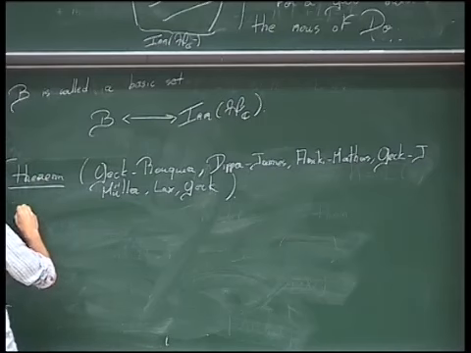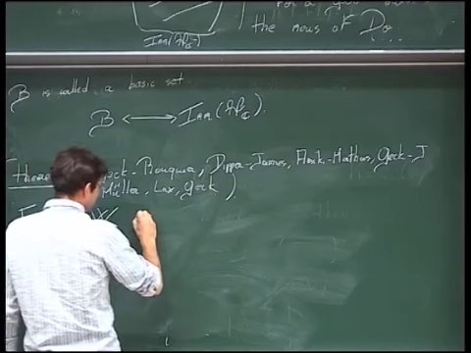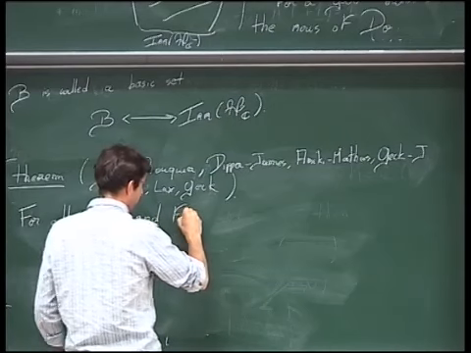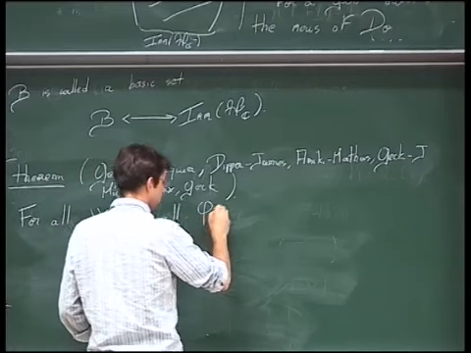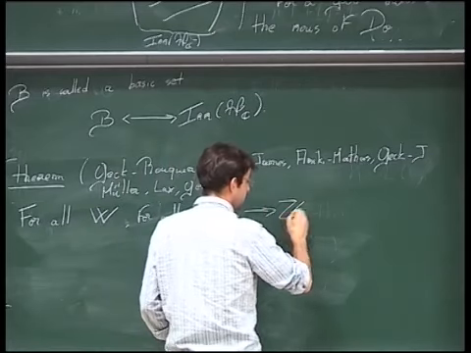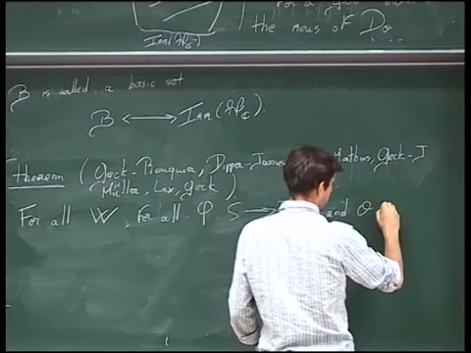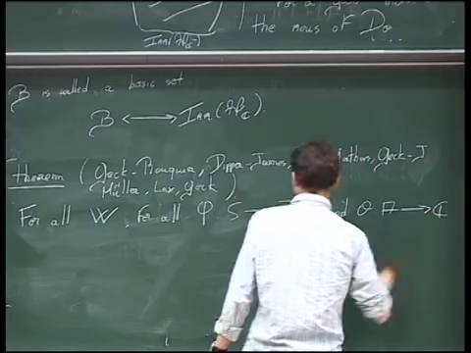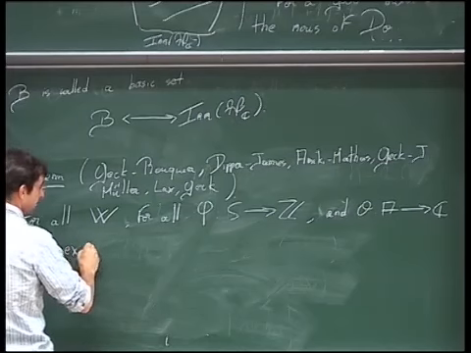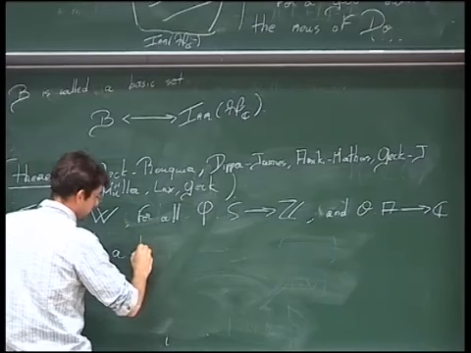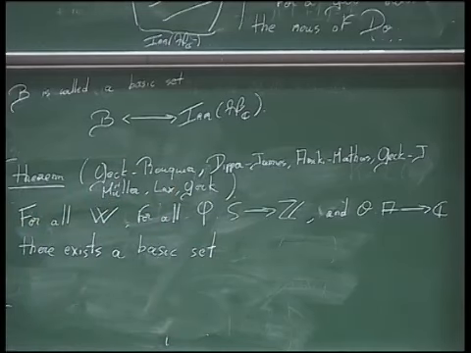So this says that for all W and for all choices of the map phi and theta, we have the existence of a basic set for the Hecke algebra.